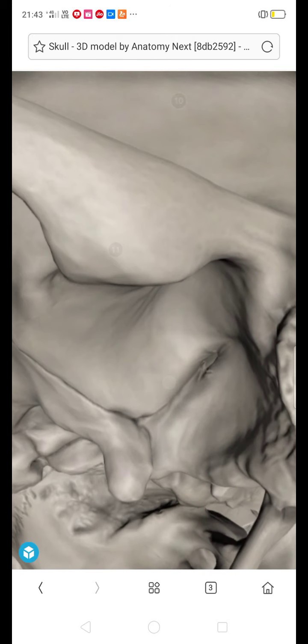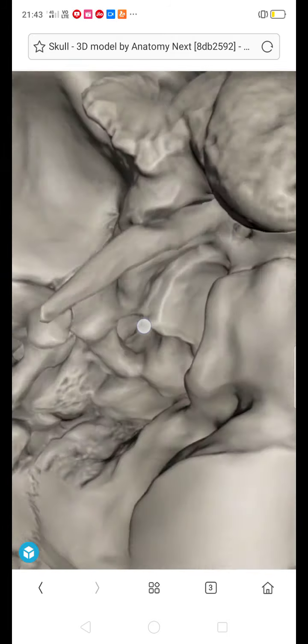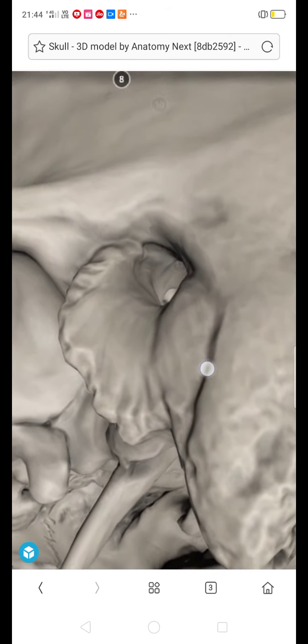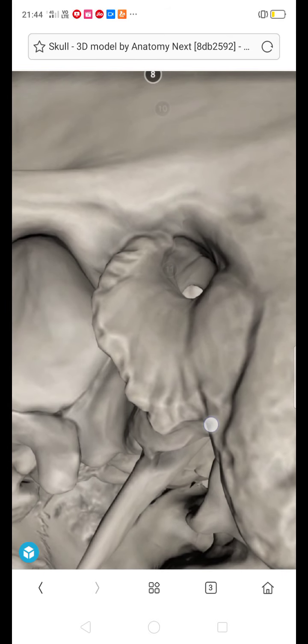The glenoid fossa, the articular tubercle at the root of the zygoma, the petrotympanic and the petrosquamosal sutures, the tympanomastoid suture here.